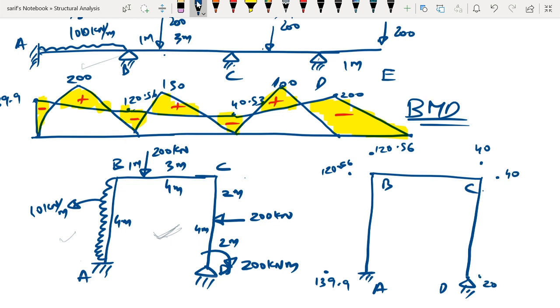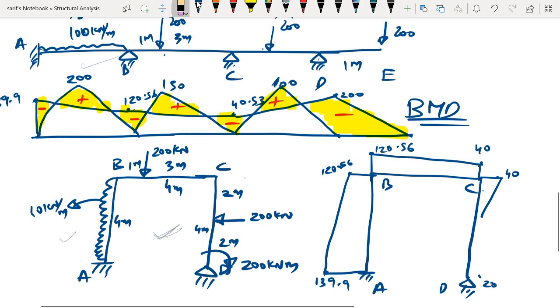Okay, now what we have to do is we have to join all the support diagrams by straight lines. So we have joined all the support diagrams by these straight lines. So this is our support bending moment diagram.